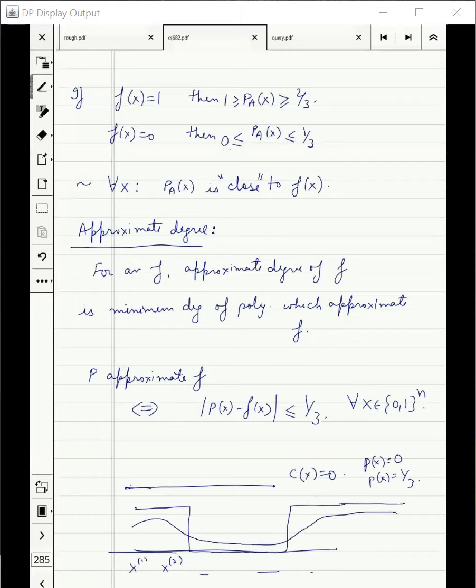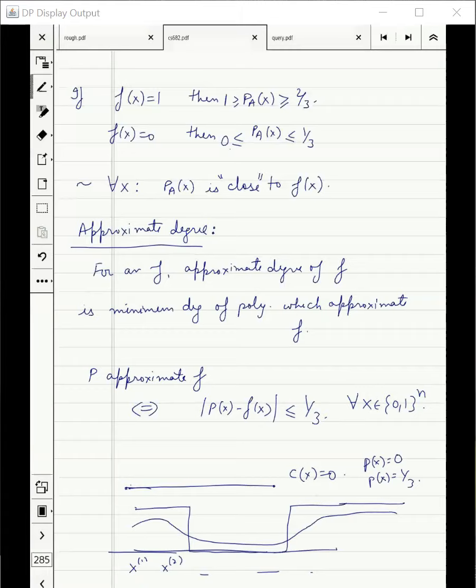It should stay close to the function value. It need not attain the function value at every point, but it should stay close to the function. And then there can be multiple polynomials which do that. We are interested obviously in the best polynomial. Best means minimum degree. This is called the approximate degree.